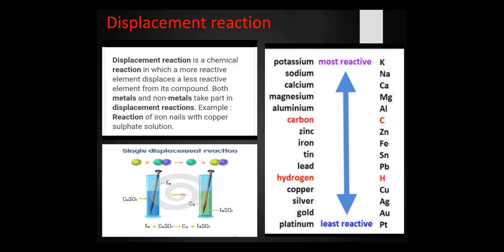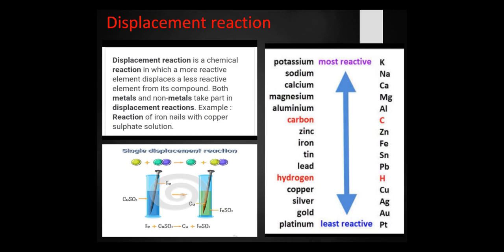Potassium is the most reactive element, and sodium is less reactive than potassium, then calcium is less reactive than potassium and sodium, then magnesium comes after calcium, potassium, sodium, after it aluminium, carbon, zinc, iron. So these elements are arranged on the basis of their reactivity.